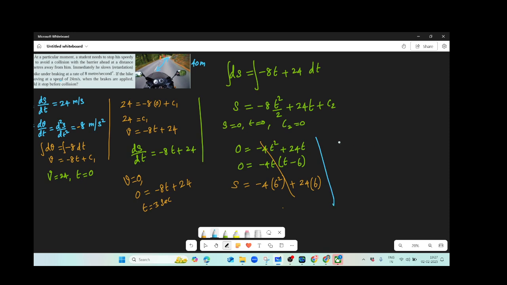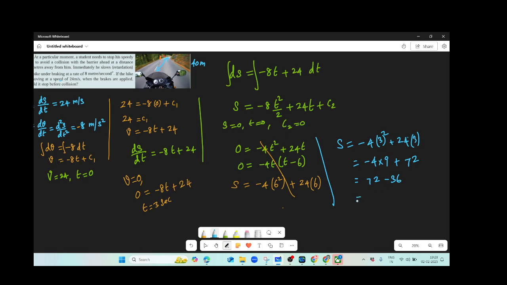Now the distance formula is minus 4t square plus 24t. There you can put 3 square, plus 24 into 3. So now minus 4 into 9 and 24 into 3: 72 minus 36.